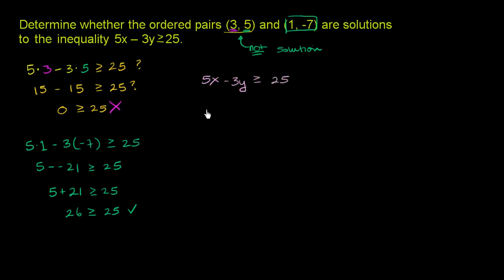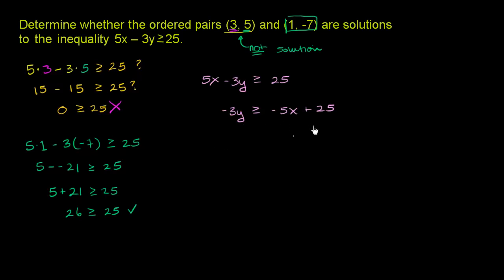Let me write this inequality in slope-intercept form. If we subtract 5x from both sides, we get negative 3y is greater than or equal to negative 5x plus 25. Now let's divide both sides of this inequality by -3. And when you divide both sides of an inequality by a negative number, it swaps the inequality.